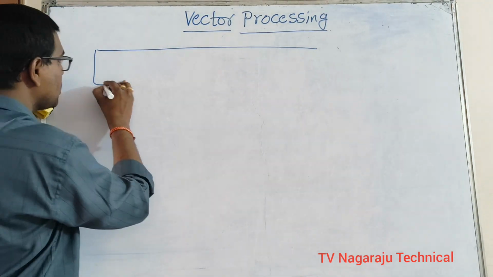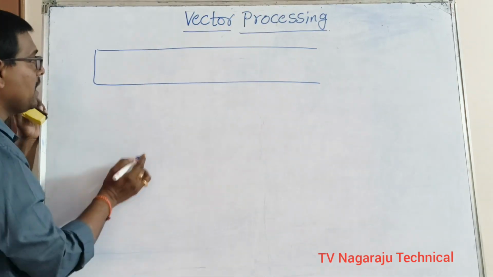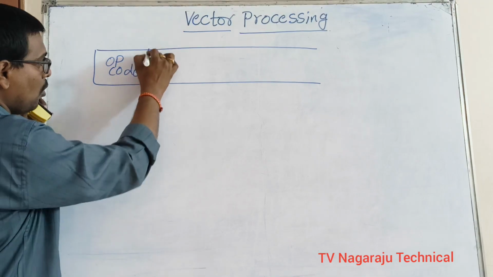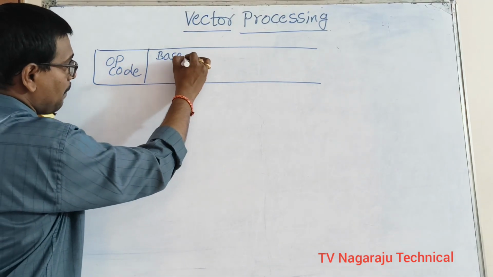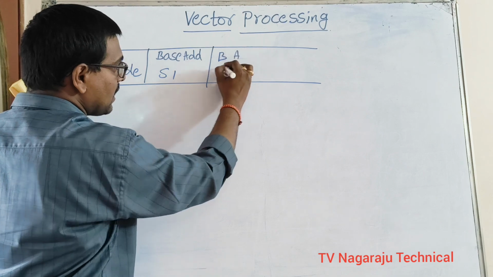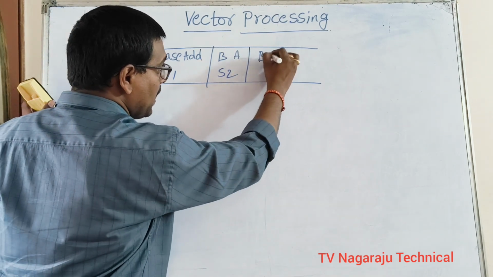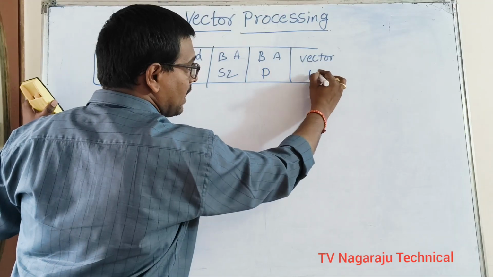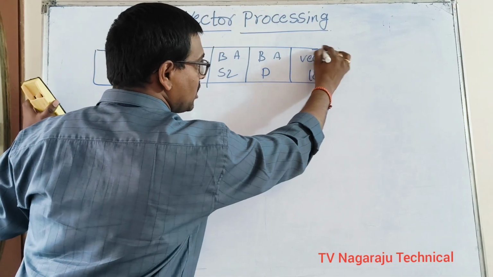This is the instruction format provided by vector processing. The first field is the opcode, then the base address of source 1, base address of source 2, base address of destination, and then the vector length. This is the single instruction.